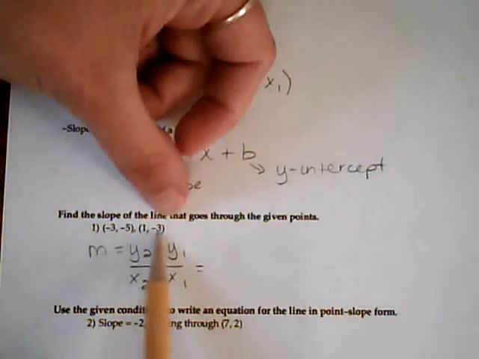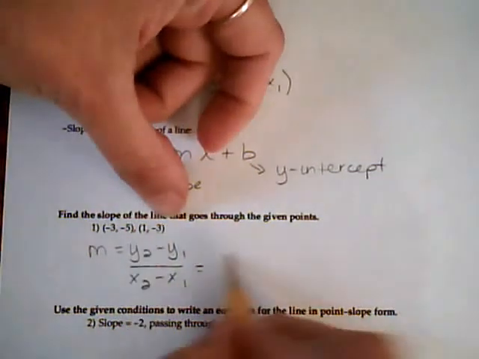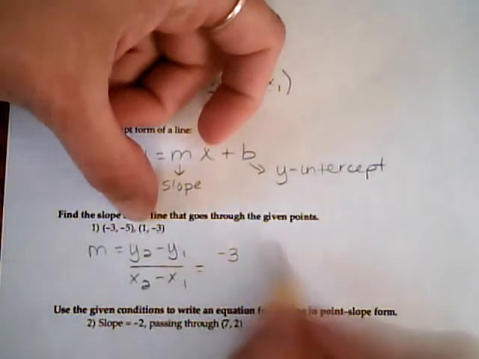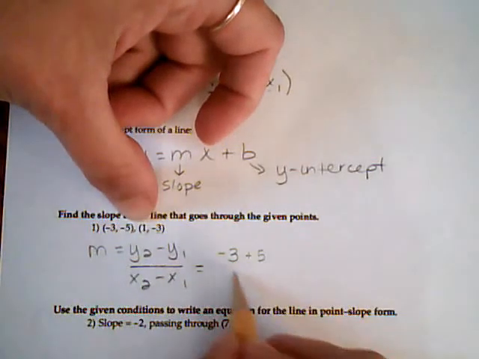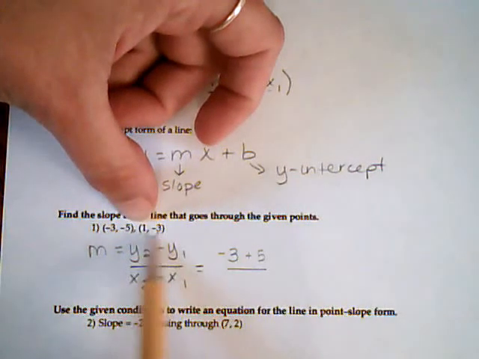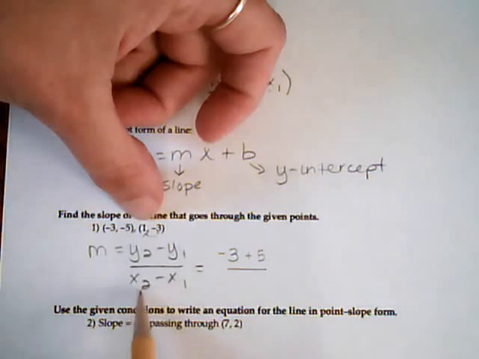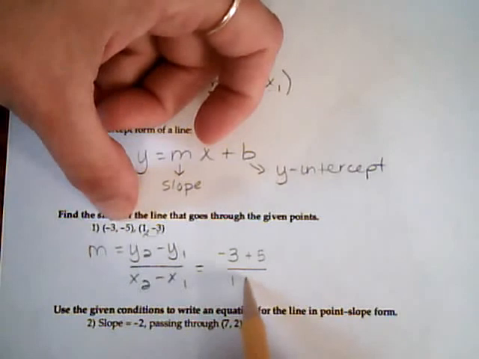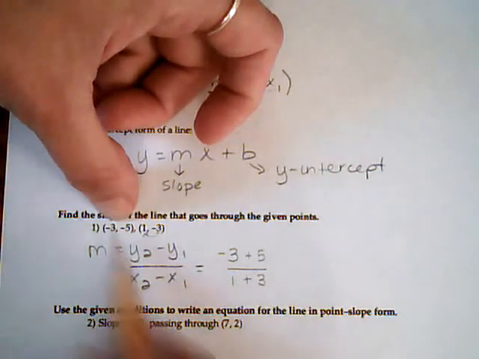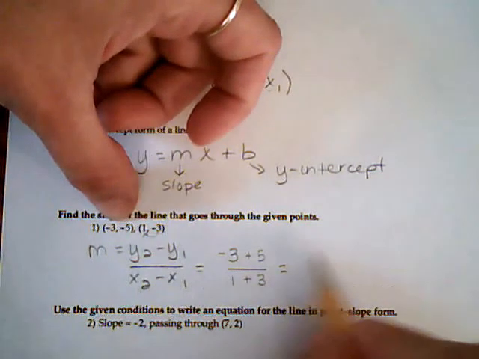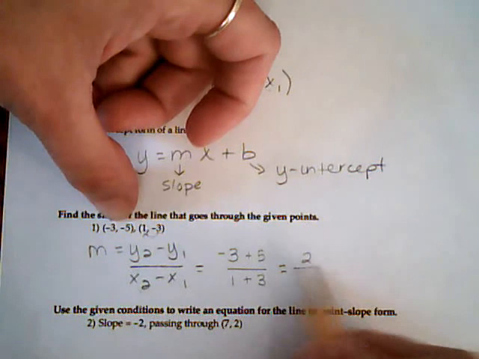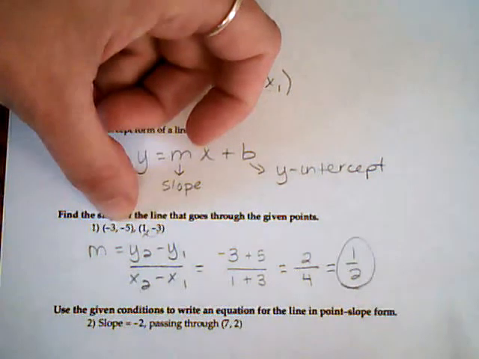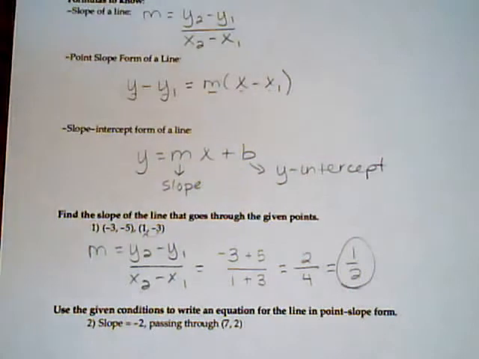So if this negative 3 is my y sub 2, it would be negative 3 minus a negative 5, which would be plus 5, over its same x value has to go first. So 1 would be my x sub 2, minus a negative 3 would make that plus 3. And then you simplify, so I would get 2/4, and then that reduces to 1/2. So the slope of that line would be 1/2.